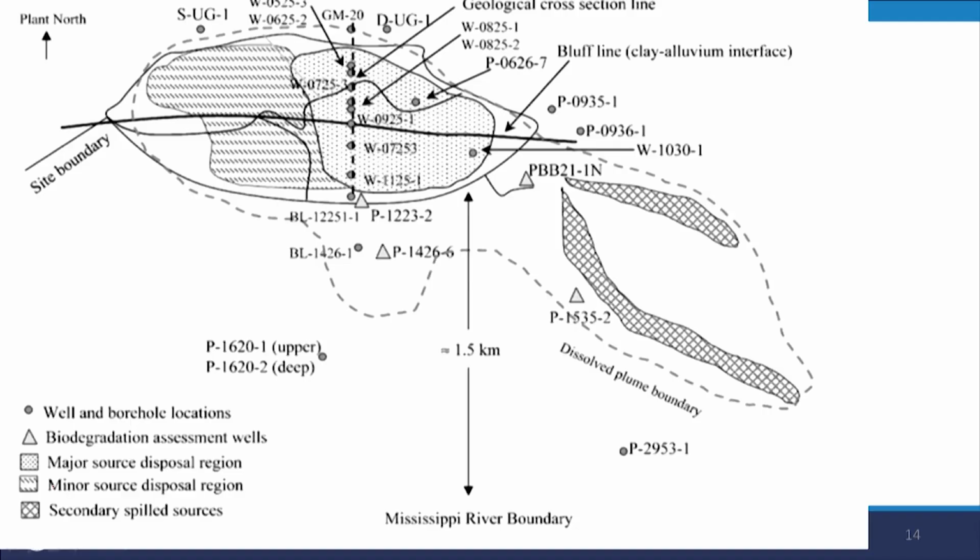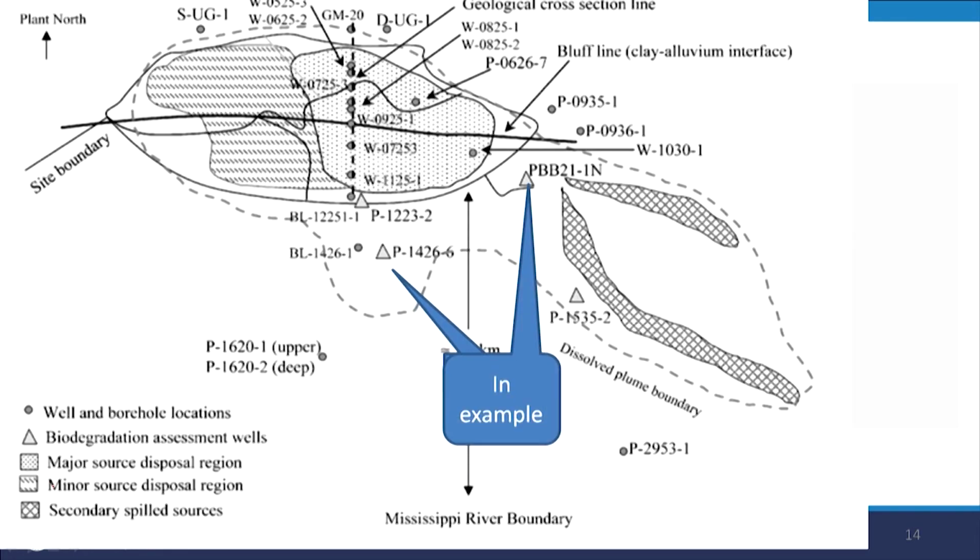So high VC concentrations were observed at these two wells, for which we looked at the relevant data. This is the source, and as we saw earlier, we had horizontal transport in this direction, and at this location, a few feet downstream, we see considerable degradation.